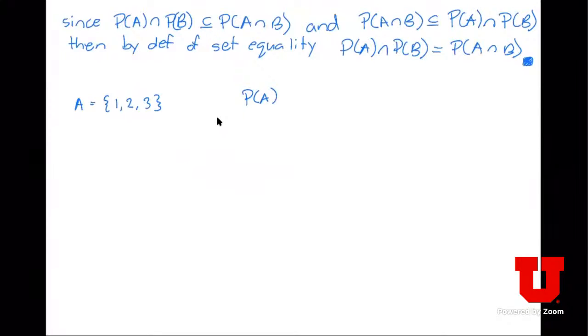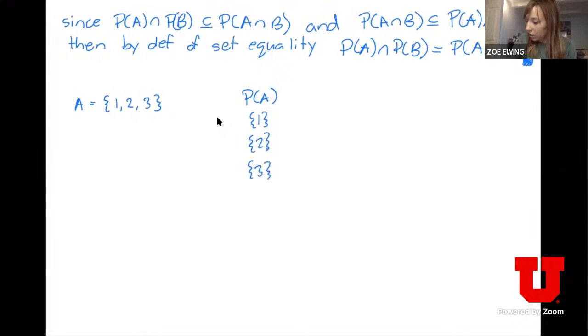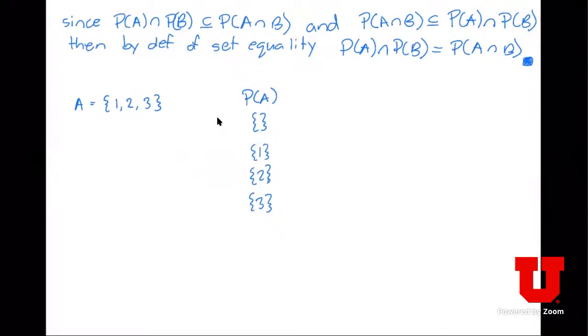So a set with 1, a set with 2, a set with 3. Empty set. I'm going to move the empty set up to the top. And then a set with 1, 2, a set with 2, 3, and a set with 1, 3.